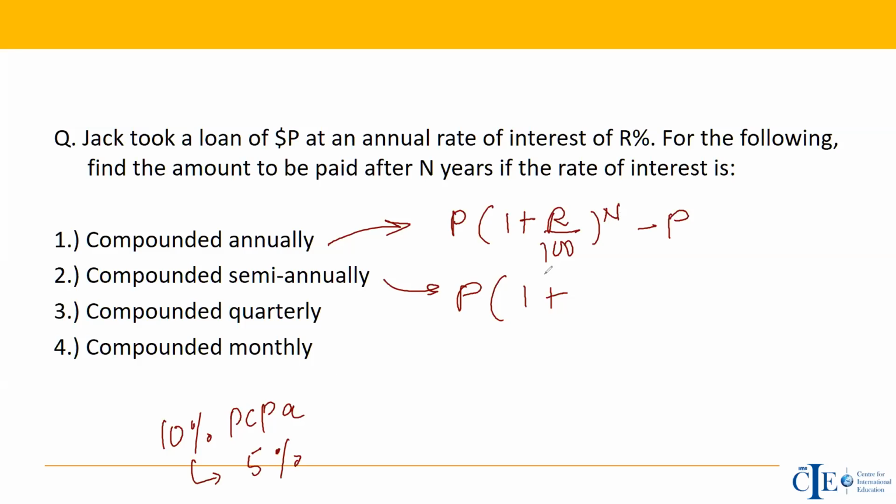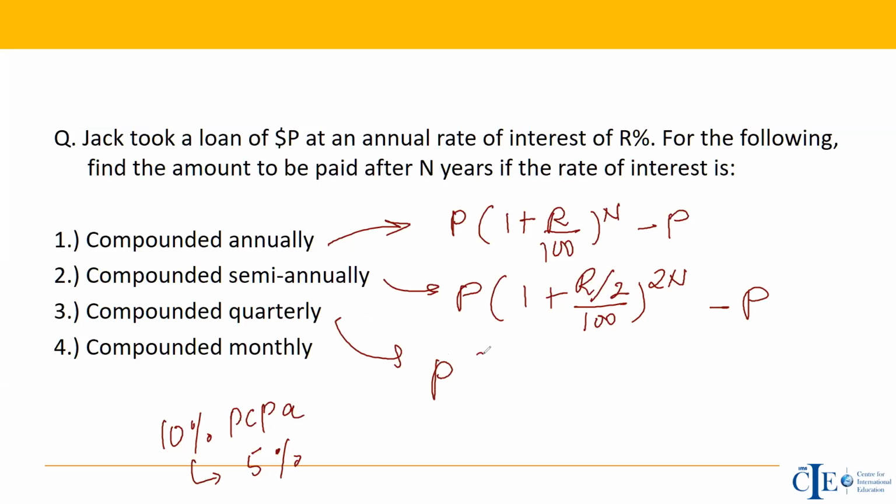But on a half yearly basis, you will charge it after every 6 months, which means the interest would be charged twice, and hence the number of times the terms would become double. So here you're going to have the rate decreasing by 2, so R by 2 on 100, the number of cycles becoming double. Once in a year it's 2 times, so 2 years is 4 times, 3 years is 6 times, and so on. Of course, this is the amount minus the principal, which will be the interest.